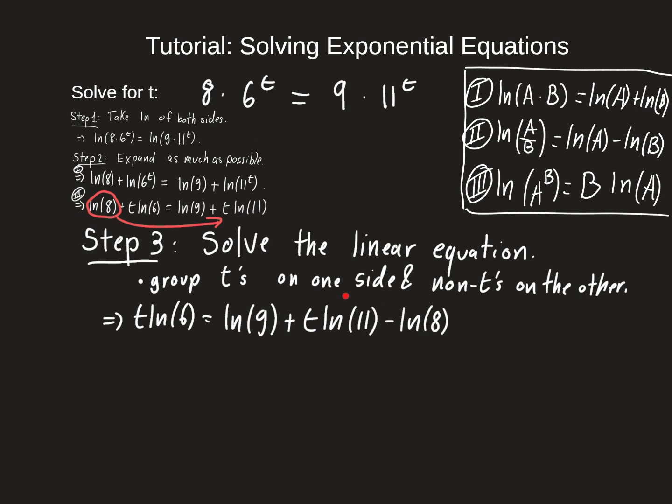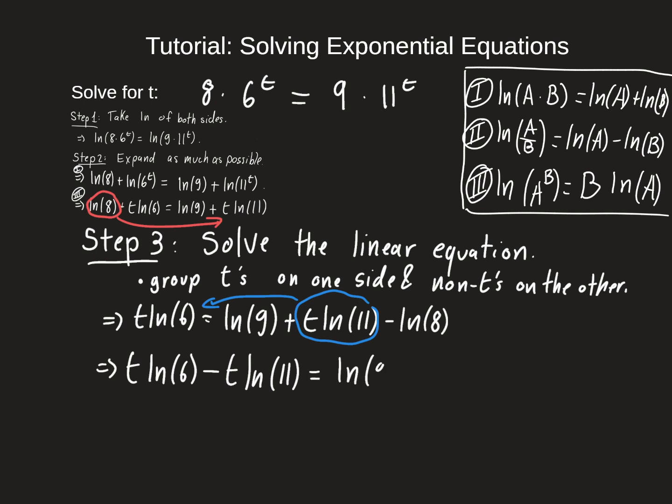And now we want to move this t ln of 11 over to the other side so that we'll have grouped all of the t's together. This will give us t ln of 6 minus t ln of 11 is equal to ln of 9 minus ln of 8. All that's left to do here is what we call factoring out the t.